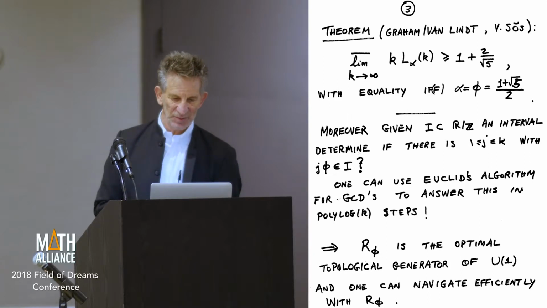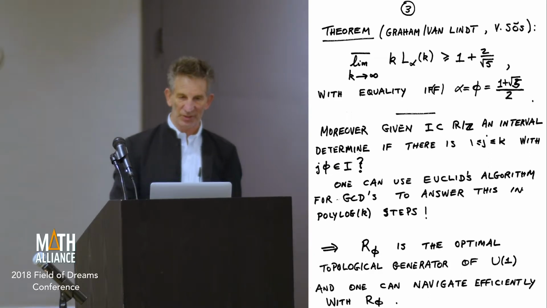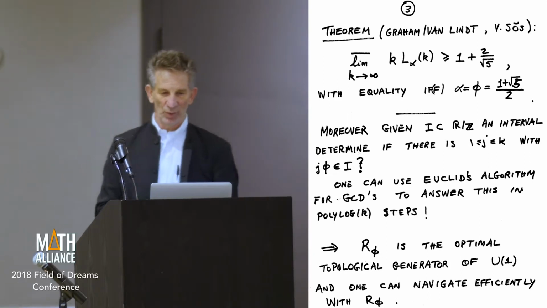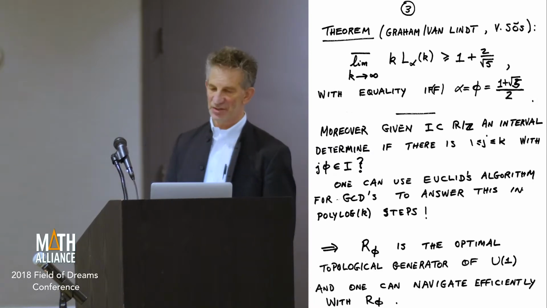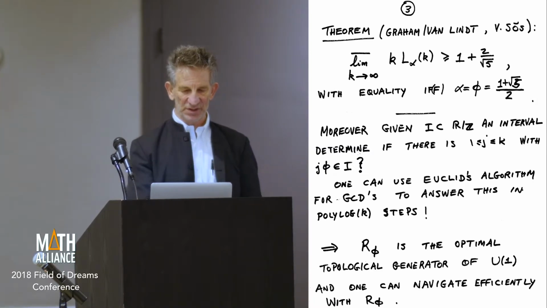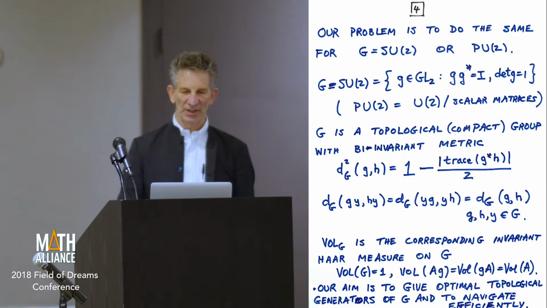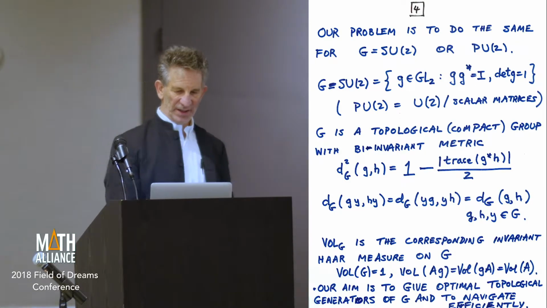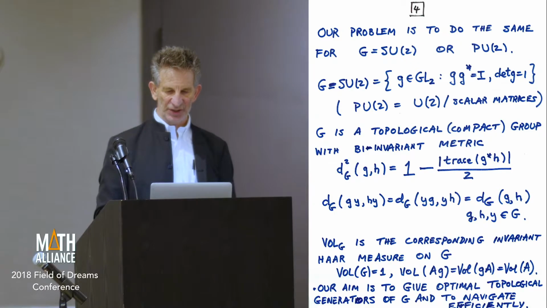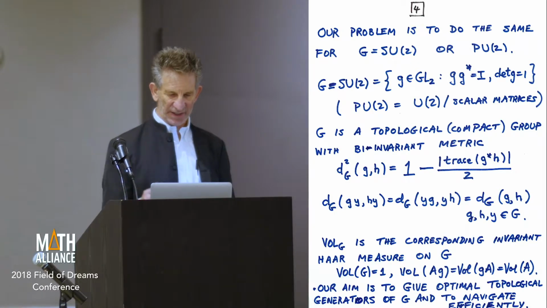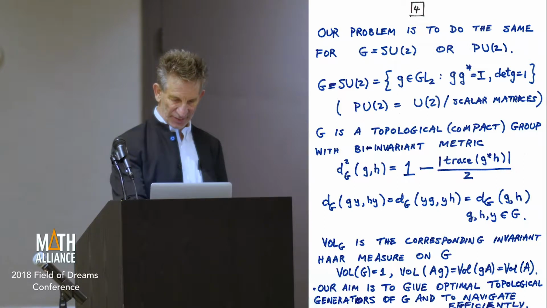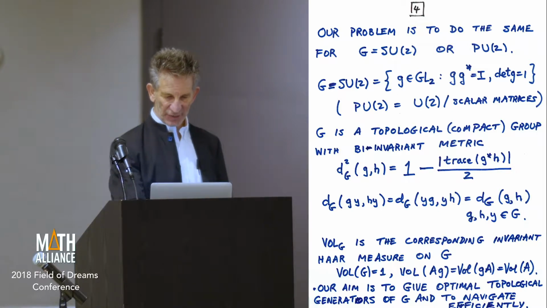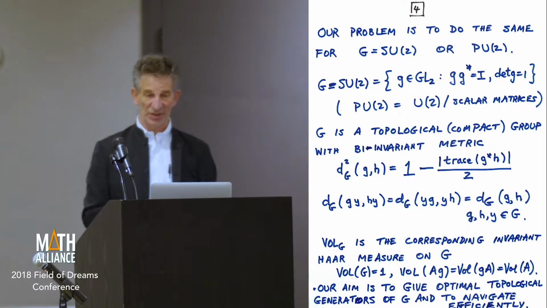So if you define the distance between two special unitary matrices to be 1 minus the absolute value of the trace of G star H over 2, this is the distance squared between G and H. You can check that's a distance function. And if you compute the distance between G and H and multiply on the left by an arbitrary element Y, or you multiply on the right by an arbitrary element Y, you don't change the distance.